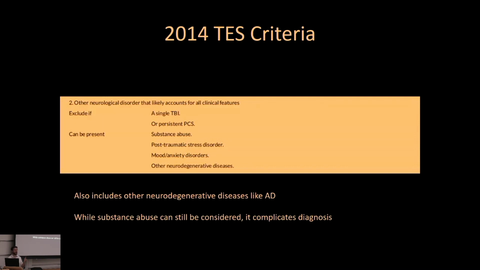So you have to make sure that what you're seeing is not Alzheimer's pathology. Now, substance use can be considered, but it gets tricky, because that comes with its own set of problems. If somebody is always high, if they're always drunk, how do you associate those symptoms with the disease, or not with the disease? What is covering up what? So that makes it very tricky.